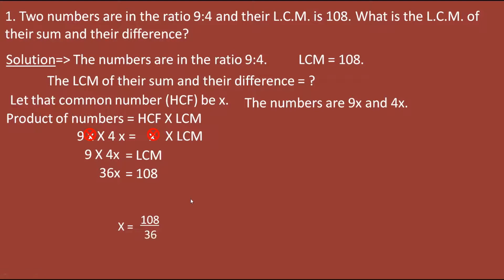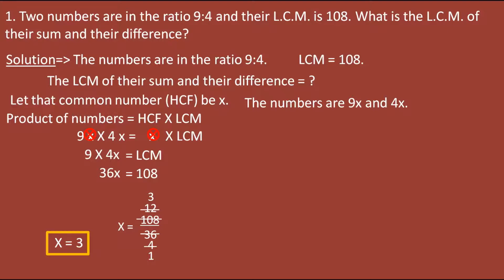Now we simplify this fraction. As both numbers are multiples of 9, I am dividing by 9. 9 4s are 36 and 9 12s are 108. Now 4 3s are 12, so we get x equal to 3. So the value of HCF is 3.